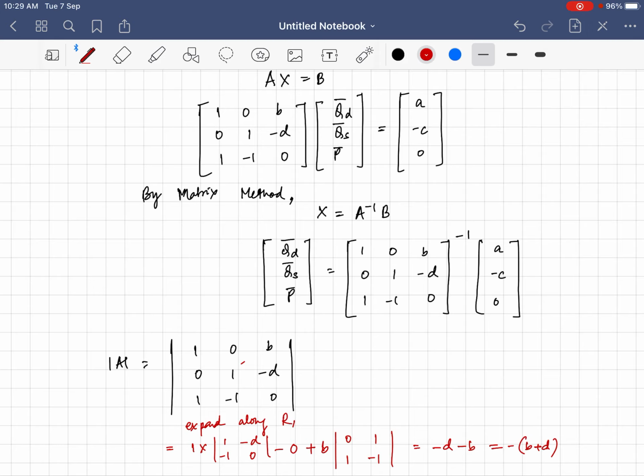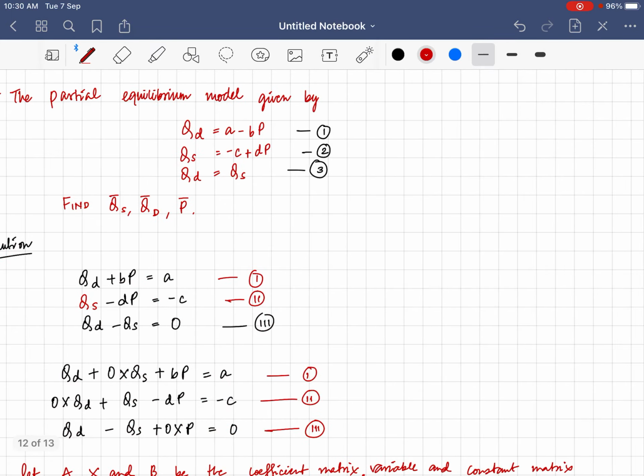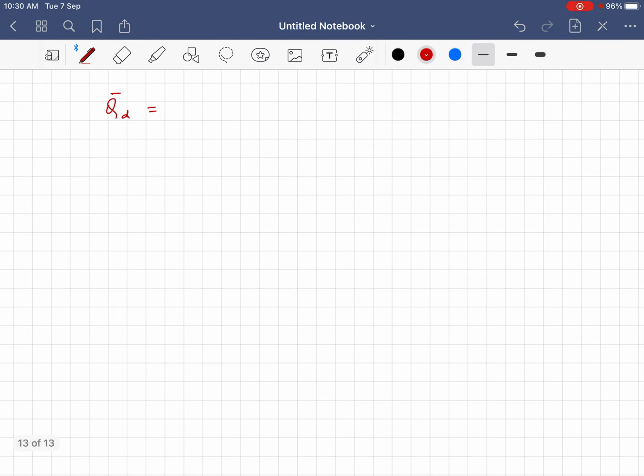Now the next thing we need to find is, wait a second. Okay, no, we can directly find the values. We don't have to write this thing. So we need to find Q D bar. For Q D bar, we are going to write the determinant.